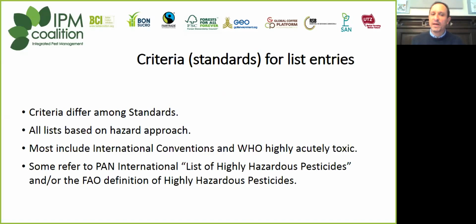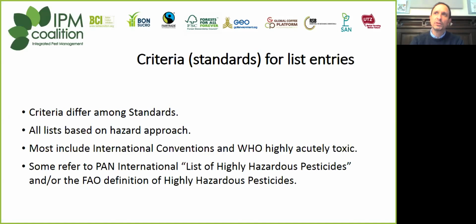Now, looking from the other angle of the standards, we have that criteria differ among standards. And I think most of you know already, that for each standard, a certain pesticide can be in a different criteria. And all lists by standards, at least of the members of the IPM Coalition, are based on a hazard approach, which means in contrast to a risk approach.